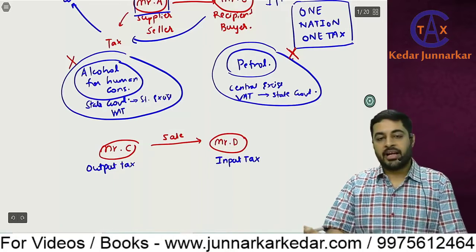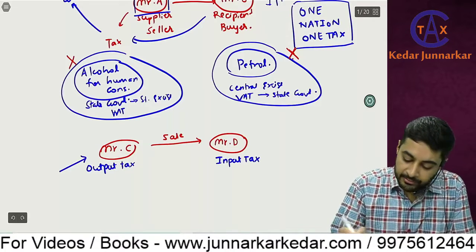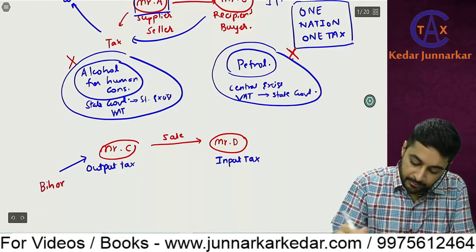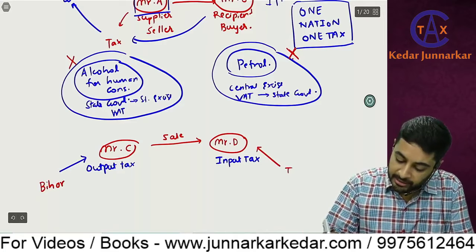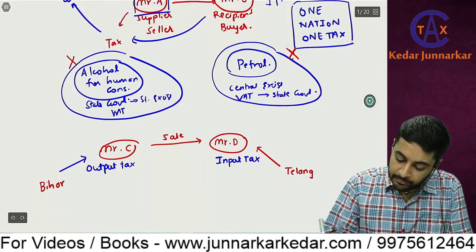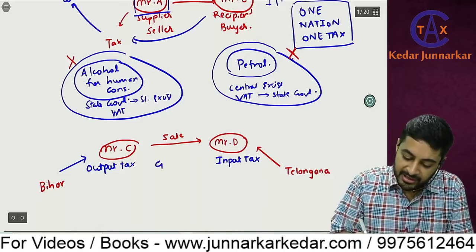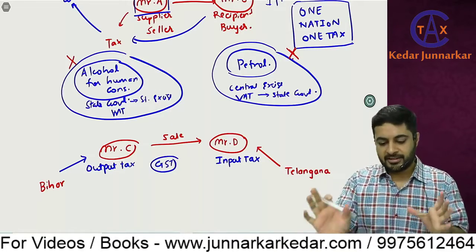D will get input tax credit. Now let's say Mr. C is based in Bihar and Mr. D is based in Telangana. Now Mr. C will charge some tax, GST. Which tax, we have not studied right now, so just remember GST.